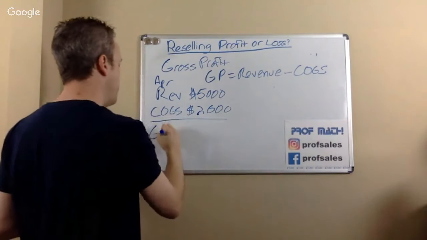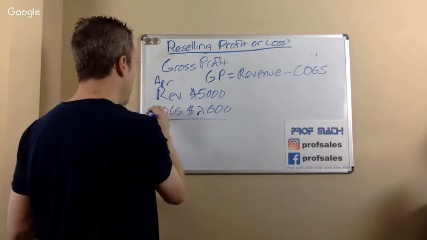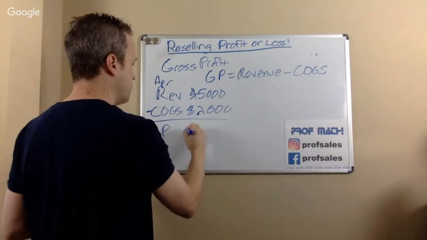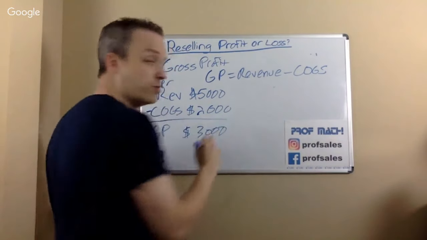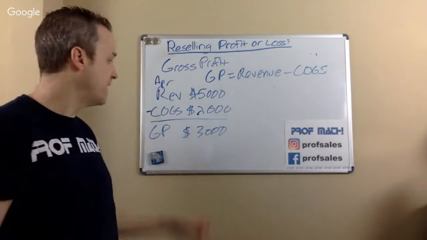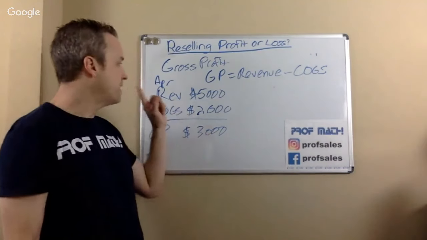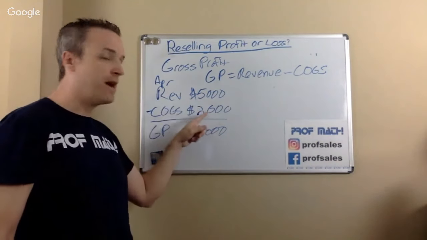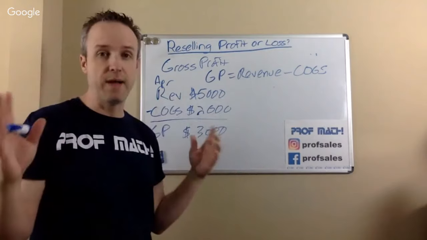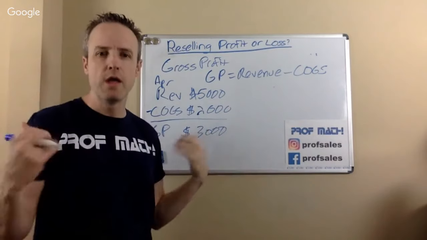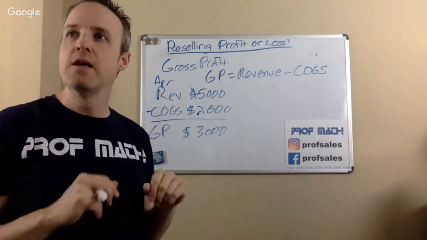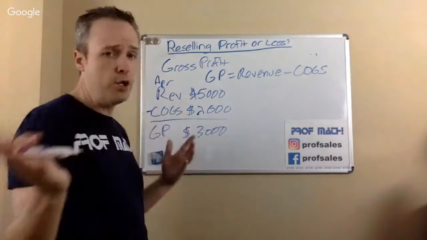So your gross profit, if you subtract these, is $3,000. Real simple. That's your gross profit for April. You take everything you sold and subtract what your direct cost was for selling. Basically what you paid for the items you sold if you're a reseller. Very simple.